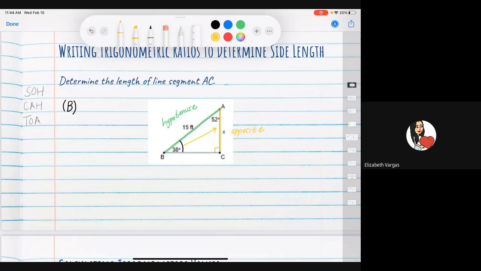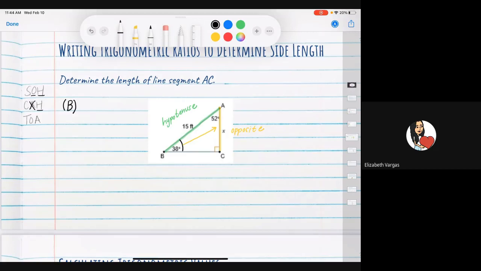Well, I've been given my opposite and my hypotenuse, so I can use sine. I'm not looking for my adjacent, and I haven't been given it. So as you can see, the most logical thing to do would be to use the sine.